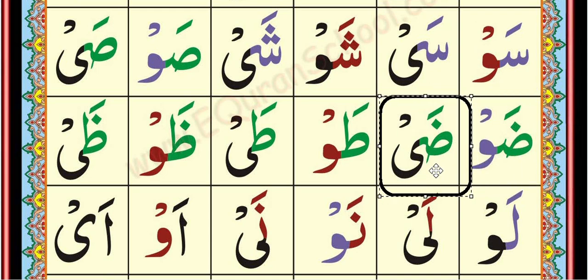So if this small part of the word is correct, your word is correct. It is very, very important. If this part of the word is correct, then your sentence is correct. It will help you when you are reciting the Quran.